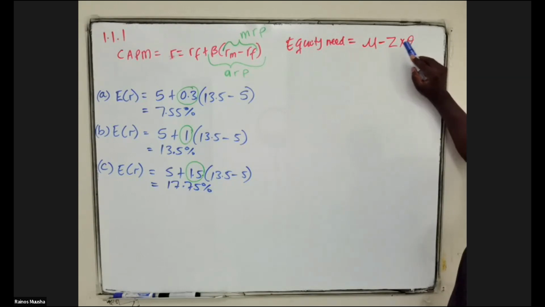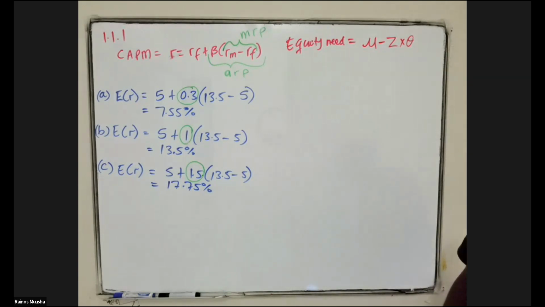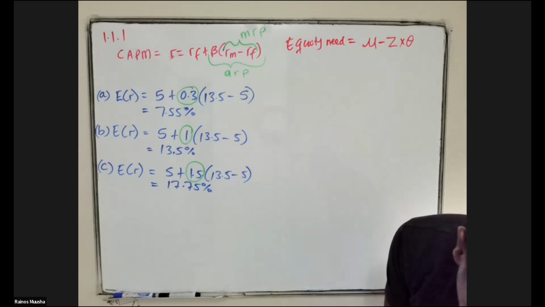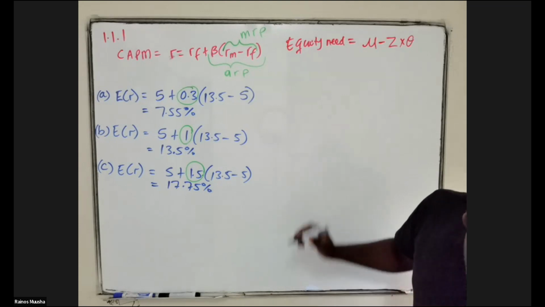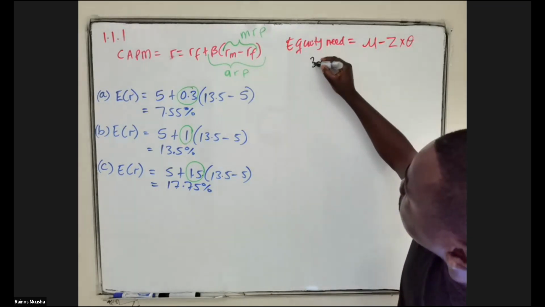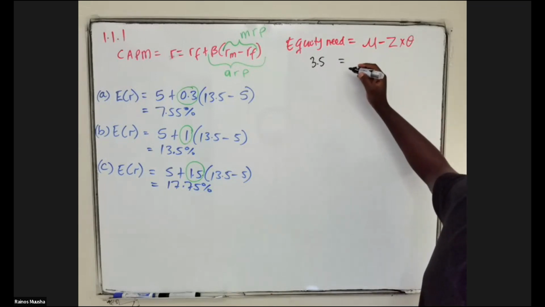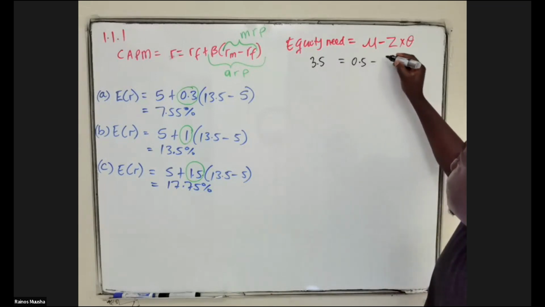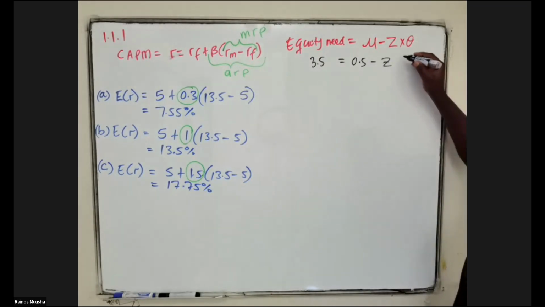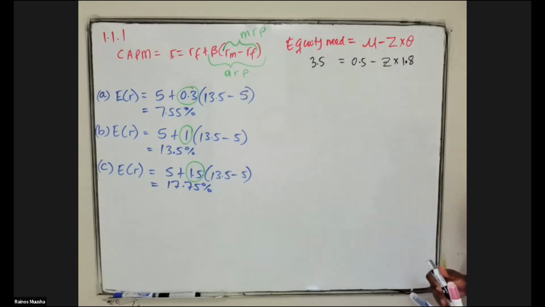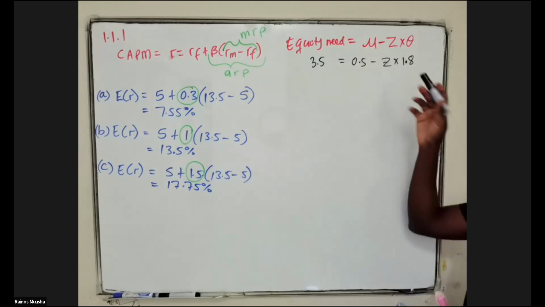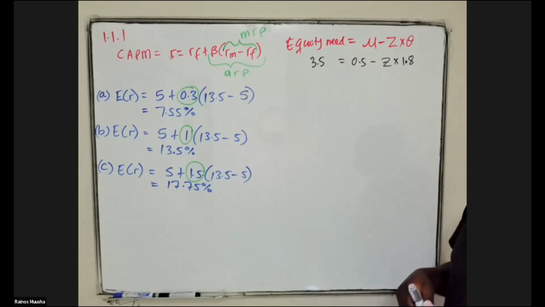We need to solve for the Z value, because the Z value will give us the associated probability. So 3.5% equals 0.5 minus Z multiplied by 1.8.